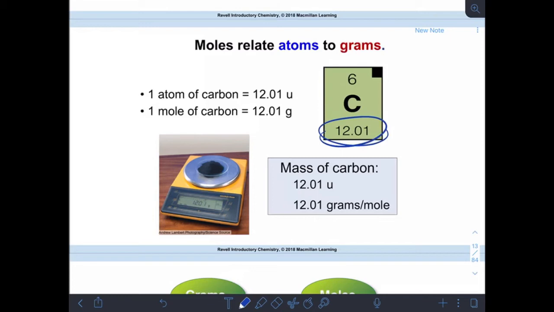Okay, so when we look on the periodic table, the numbers are the same, but the units become more useful, right? So 12.01 grams per mole is more useful to us because we can put things on a balance like it shows in this image and weigh out 12.01 grams of carbon and know that that is 1 mole of carbon atoms. Okay?